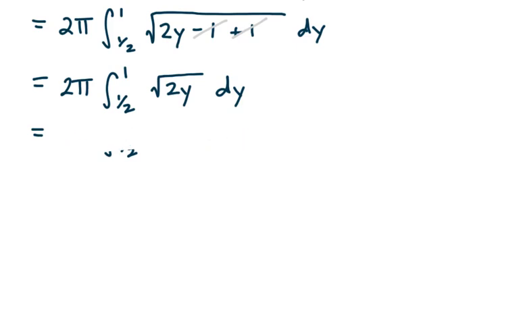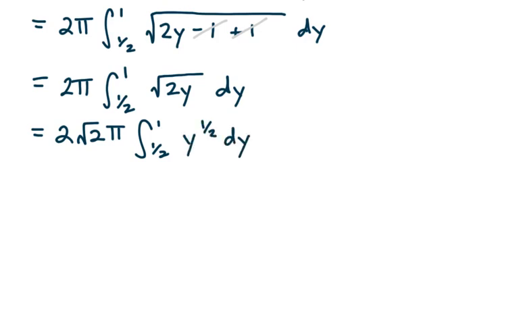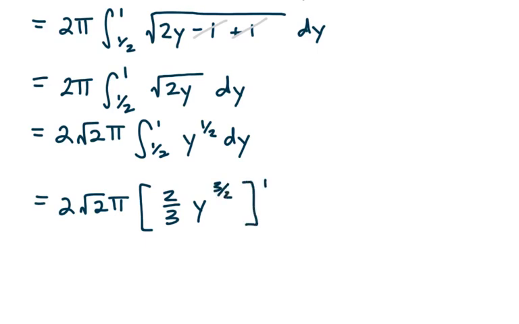All right, so this is 2 root 2 pi, integral from 1/2 to 1, and I have left under there the square root of y, or y to the 1/2 dy. So simple with our power rule. If I add 1, that gives me 3/2, so I have 2/3 y to the 3/2 from 1/2 to 1.